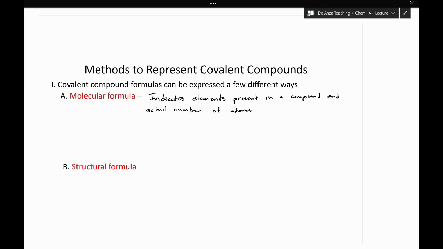And so we indicate the elements present in water as hydrogen and oxygen, and then we show the actual number of atoms by putting this subscript 2 here that says how many hydrogens we have. So this is our subscript number, and it tells how many of that atom.